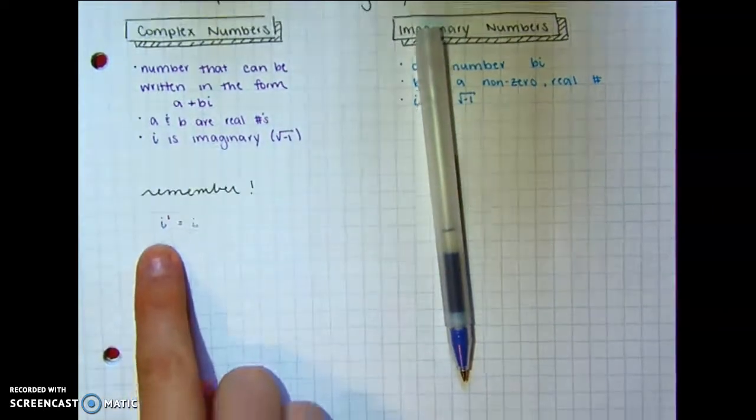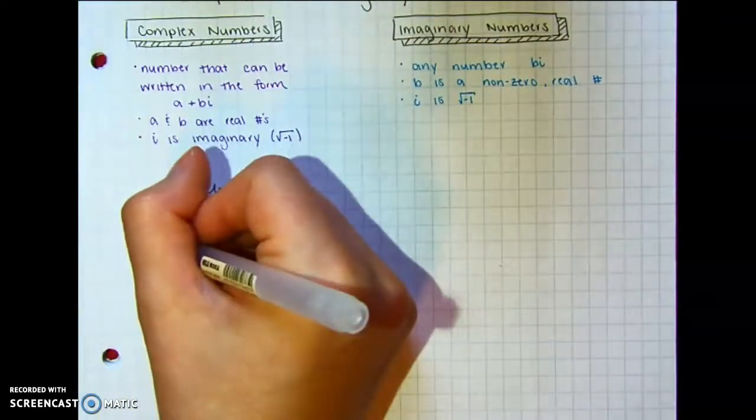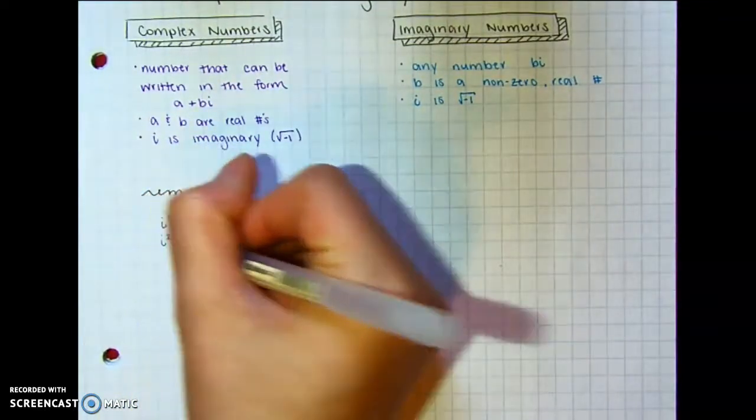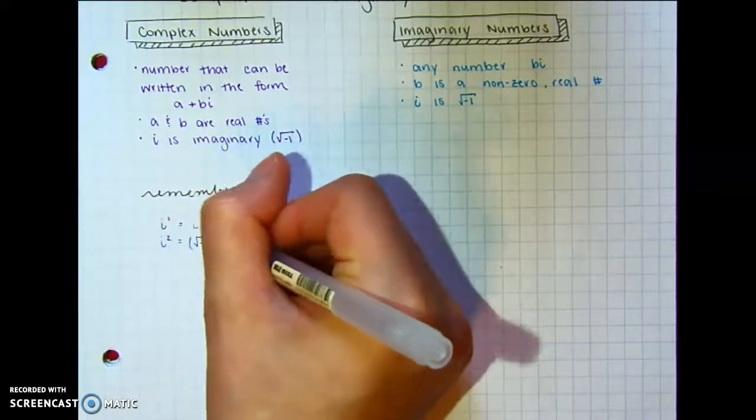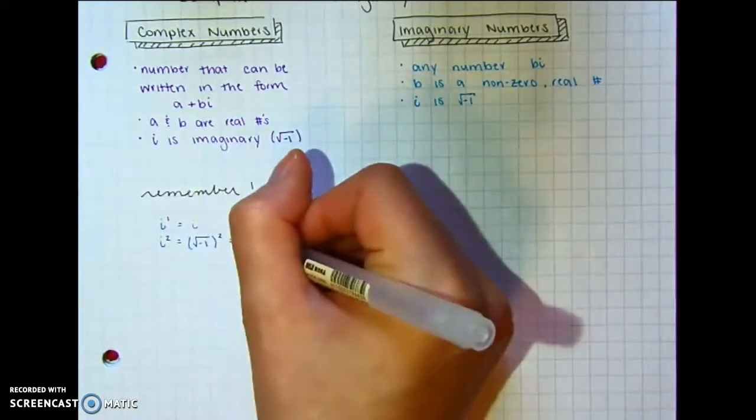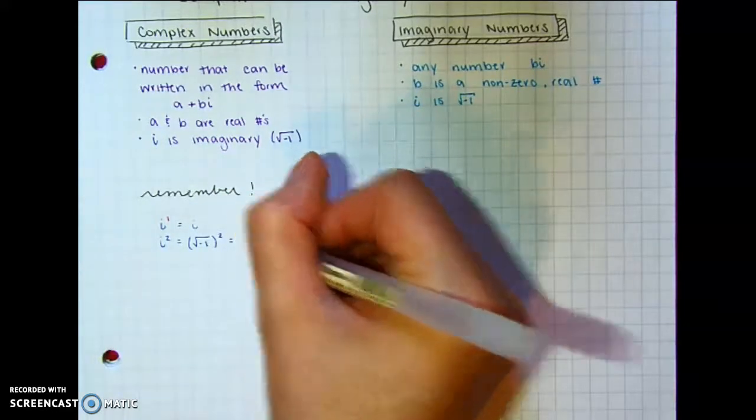We don't put that one there, but it simplifies to I. You need to know I squared, which you could figure out by just taking I, which is the square root of -1, and squaring it, and that would give you -1.